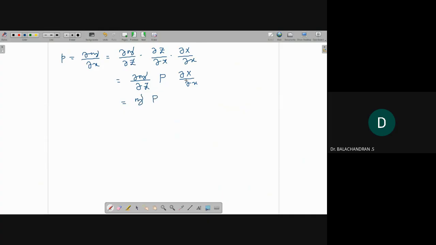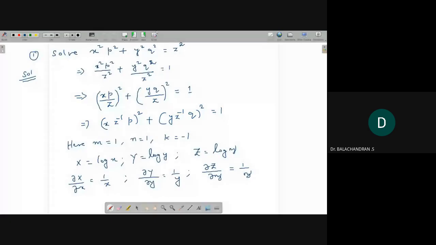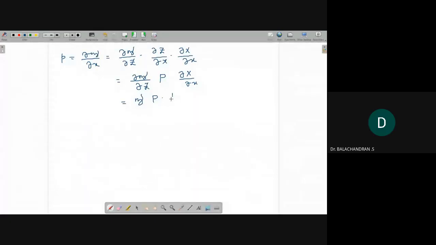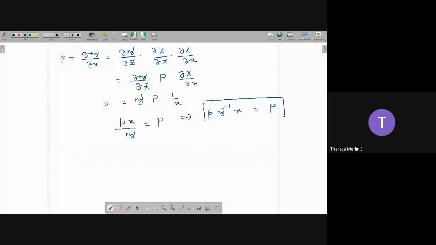Z capital P. What is dou capital X by dou small x? 1 by x. Actually, this is small p. So from this, we cross multiply: p x is equal to z into capital P, which implies p z power minus 1 into x is equal to capital P. Here why are we bringing the z to the numerator?